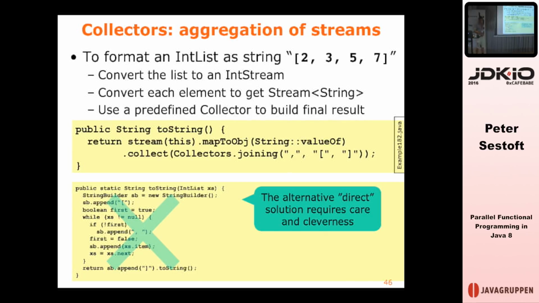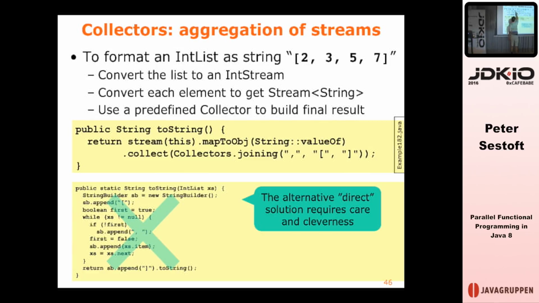I see there's a whole talk about collectors tomorrow, so I won't say too much here, but a completely wonderful collector that's built in is the joining collector on a stream of strings. So a standard problem is to convert some object into a string representation.